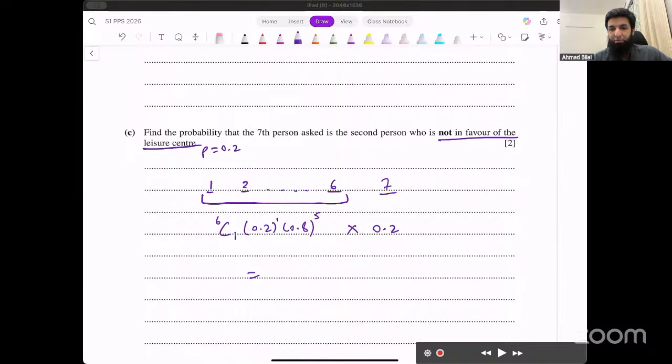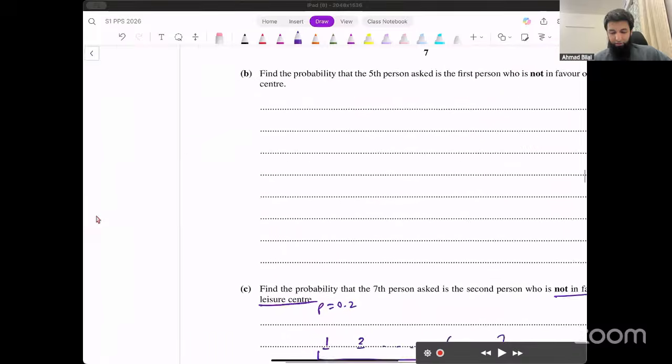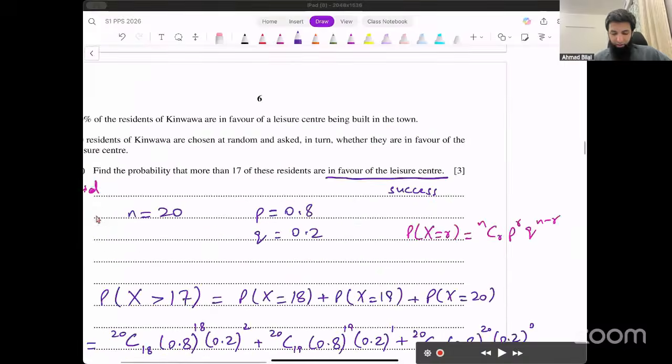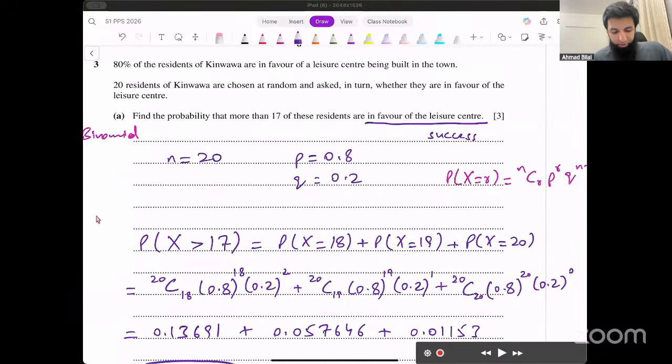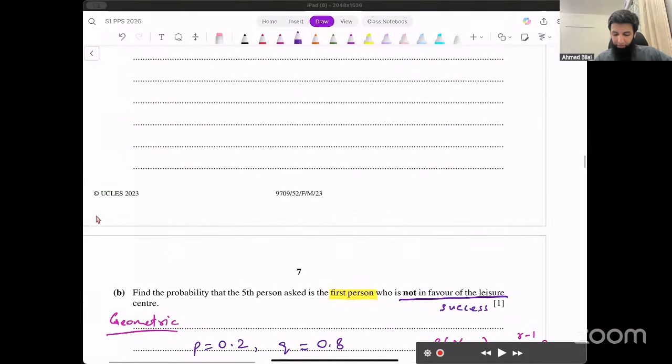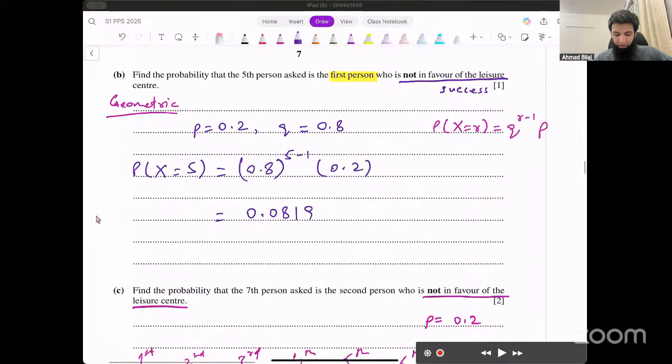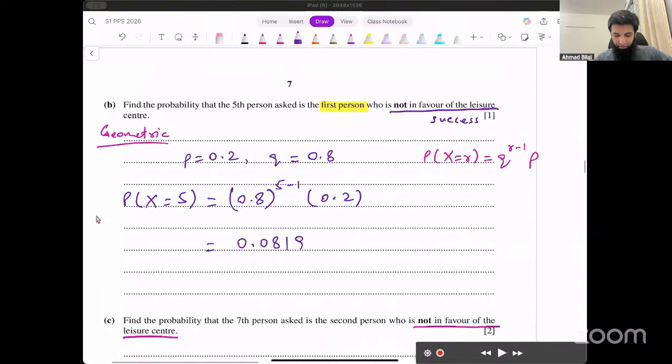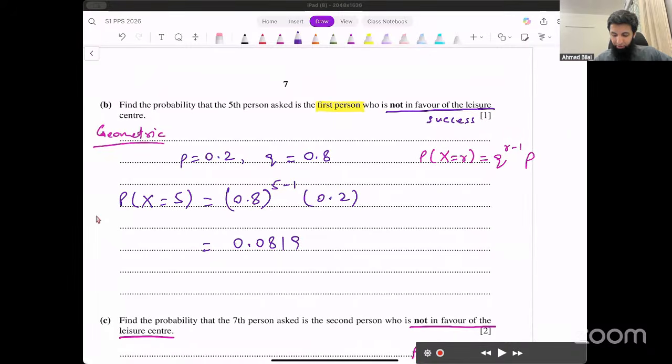इस तरह क्वेश्चंस बहुत आ रहे हैं रिसेंट पेपर्स में. Probability that the seventh person asked is the second person who is not in favor of the leisure center. अच्छा, let me look at the question statement again. 80% are in favor of the center, 20 residents are chosen, find the probability that more than 17 are in favor of the leisure center. Okay, fifth person asked is the first person who is not in favor, and then the seventh person asked is the second person who's not in favor.